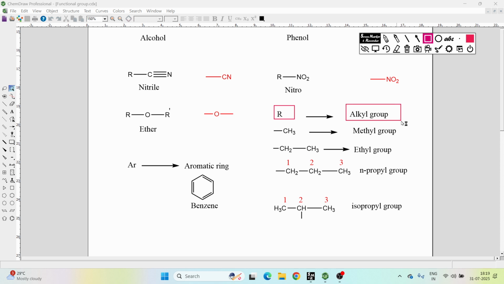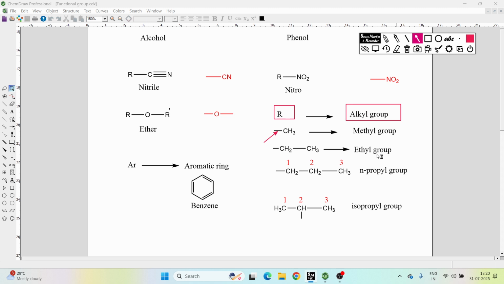R can be CH3, a methyl group. In a methyl group we have one carbon and 3 hydrogen atoms, but carbon valency has to be 4, so you have a bond here. This is a free valency through which it will get attached. So by heart, when I say one carbon atom and 3 hydrogen atoms, immediately you have to understand it is a methyl group, and it is through this free valency that it gets attached.